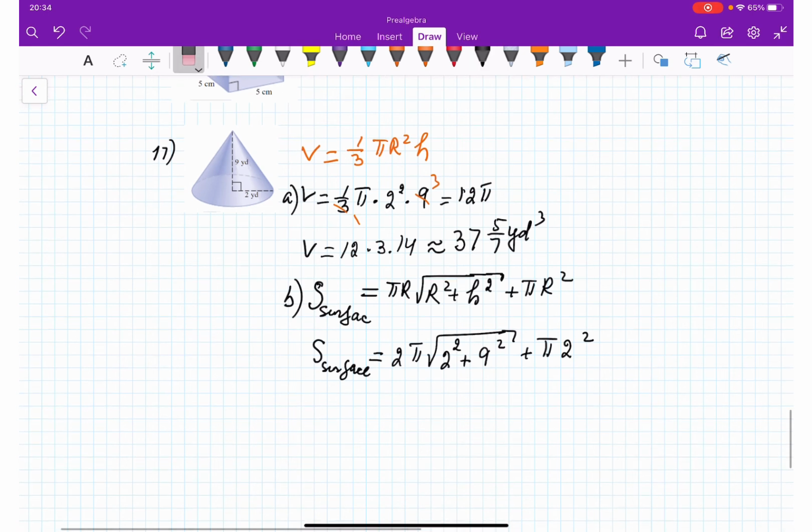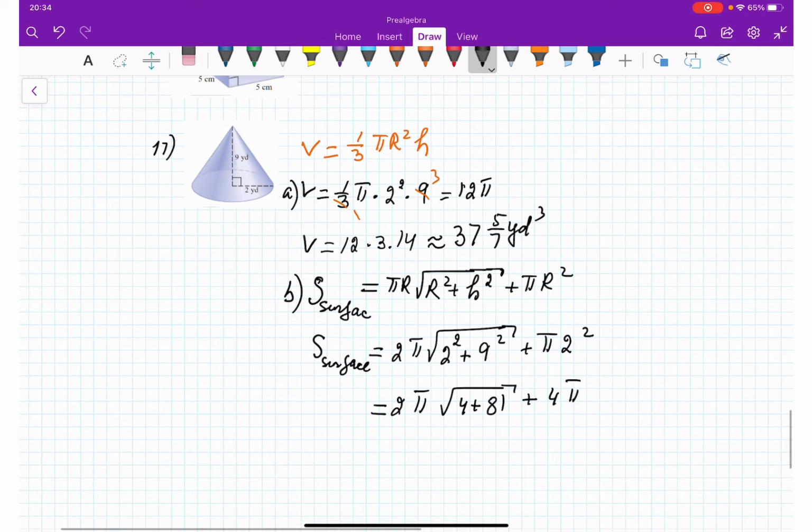Okay, so this is going to be equal to 2 pi. So here we get 4 plus 81, and plus 4 pi.